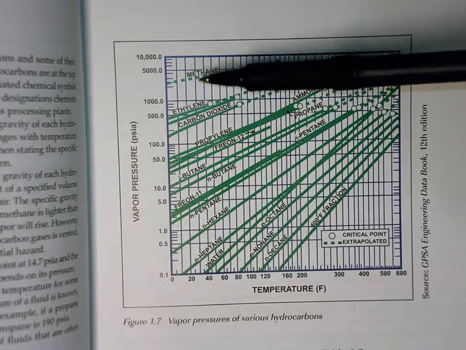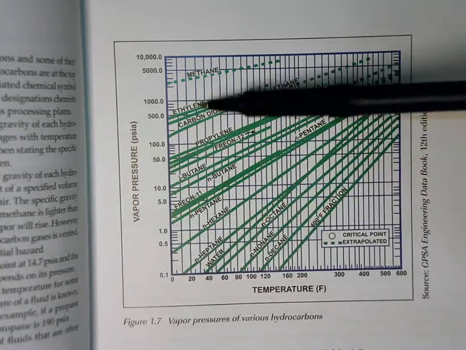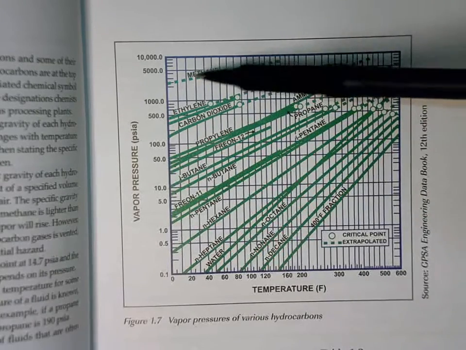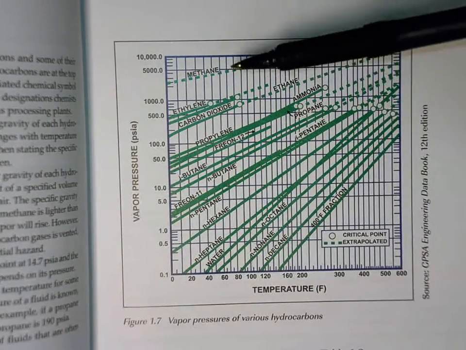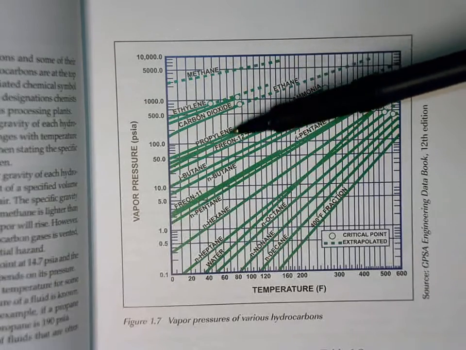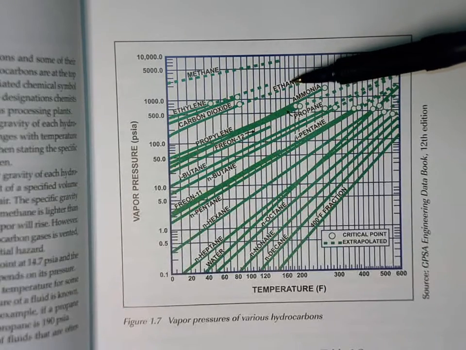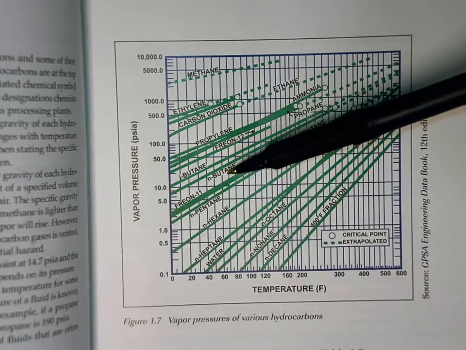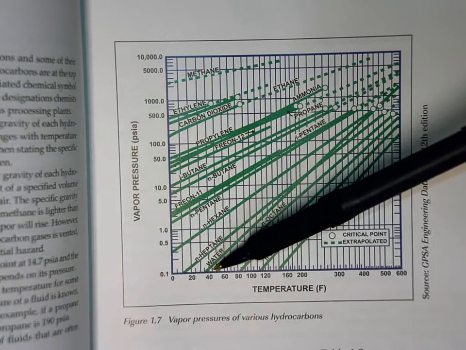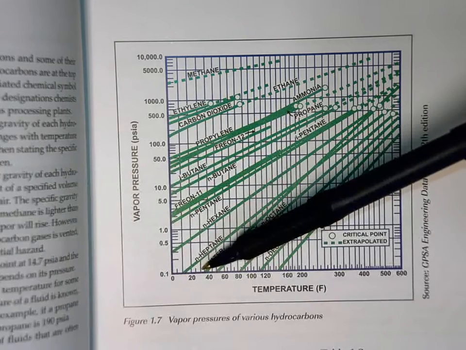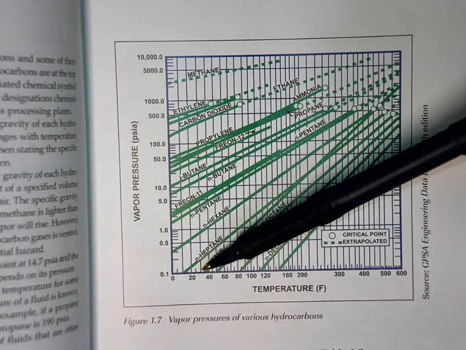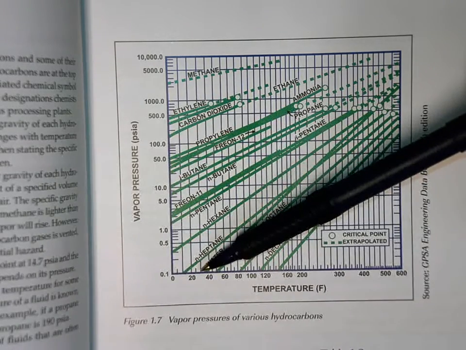Methane has the highest vapor pressure at any given temperature. You take any temperature, methane has the highest pressure. And if you follow these down, the molecules get bigger. Methane has 1 atom of carbon. Ethane has 2. Propane has 3. Butane 4. Pentane 5, and on down. The bigger the molecule, the harder it is for it to evaporate. The smaller the molecule, the easier it is for it to evaporate. And the technical way to say that is that it has higher volatility.